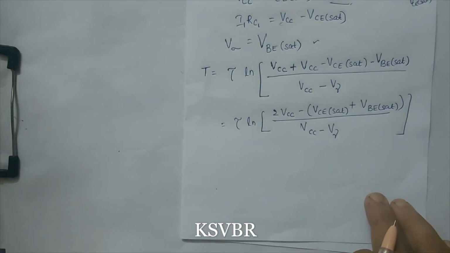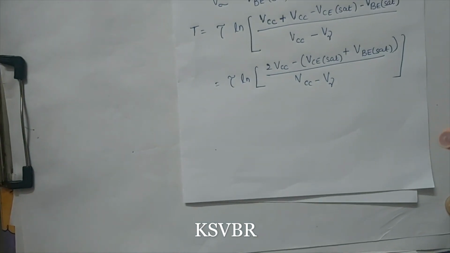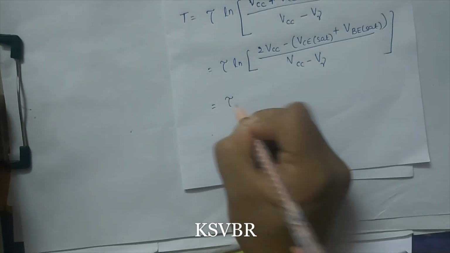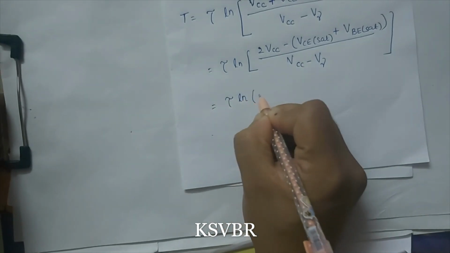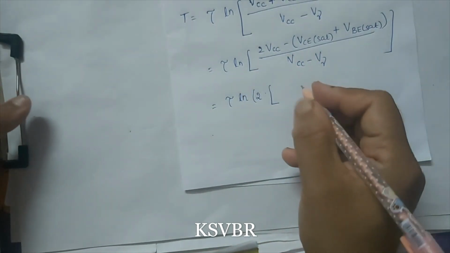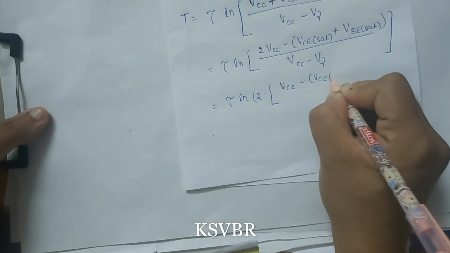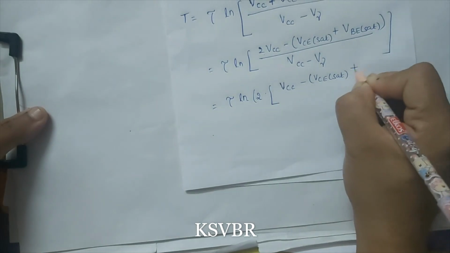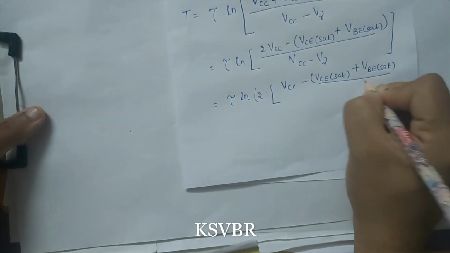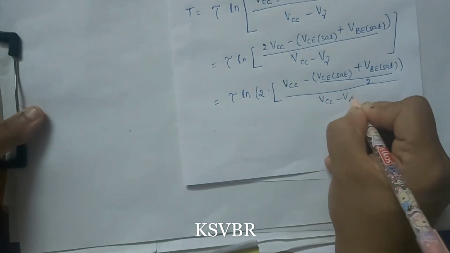So now how are we going to solve this one? Ln of 2 into, bring this 2 outside, VCC minus VCE saturation plus VBE saturation whole divided by 2, divided by VCC minus V gamma.